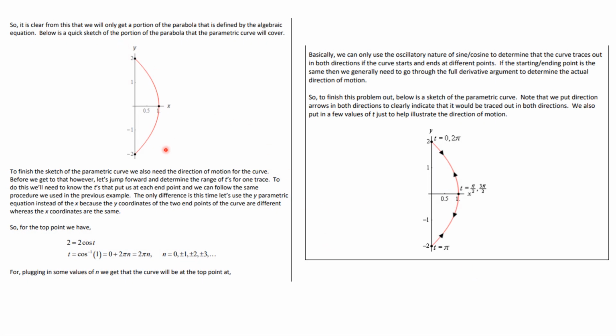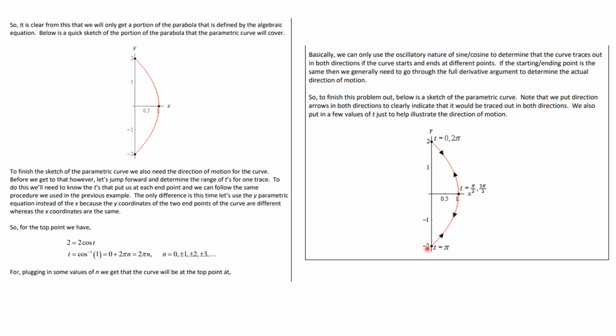So this is the picture that we get of that piece. Now what we have to do is think about what really happens here. We can look at some values for t, and you can see that at t equals 0, you start here. You get here at t equal pi over 2.